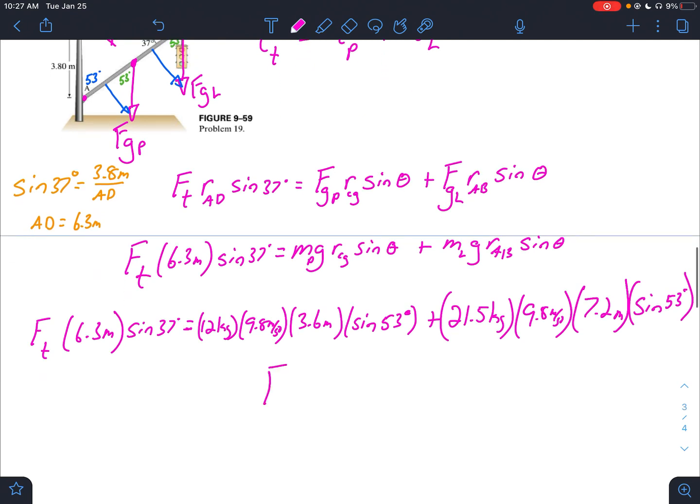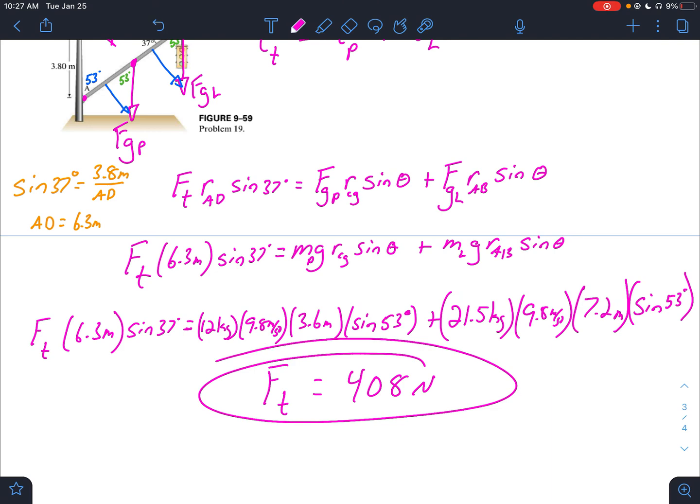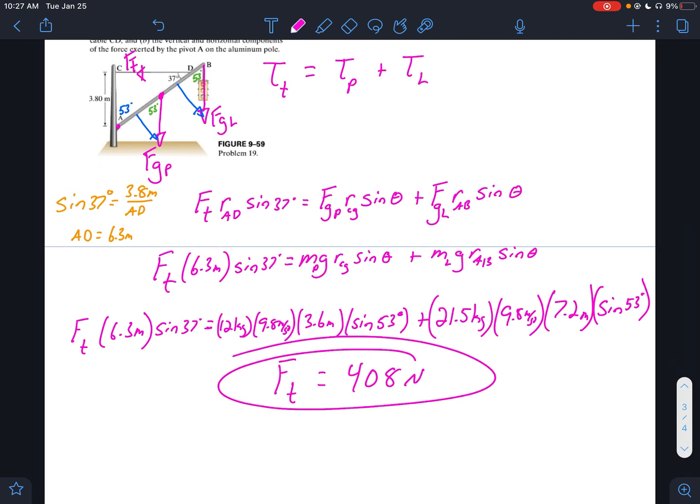So we just plug everything in to our calculator, and depending upon rounding, we get a force of about 408 newtons for the tension in our cable. So that's all part A.